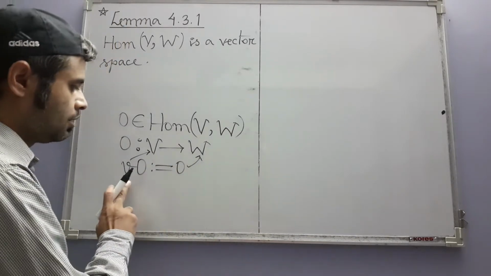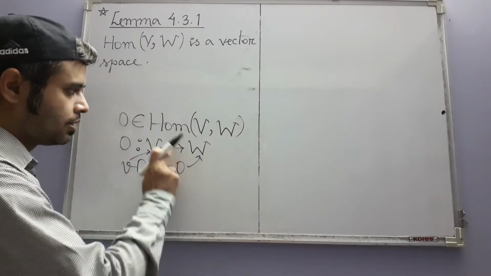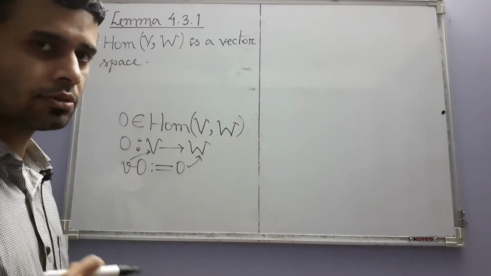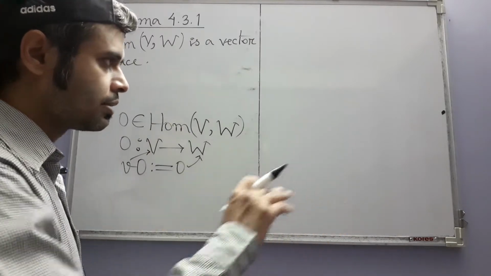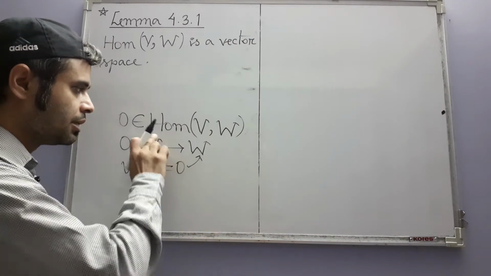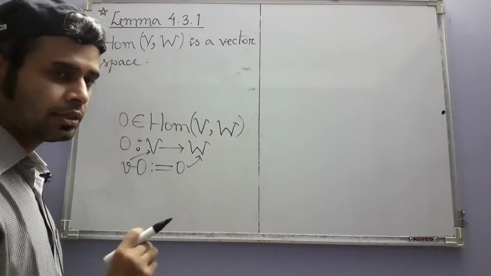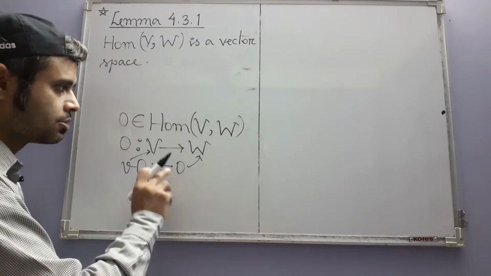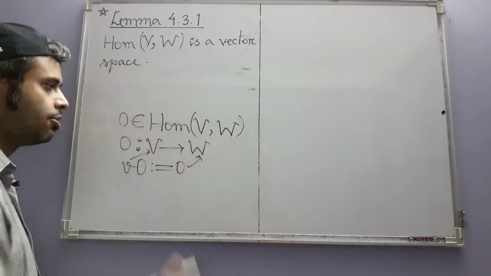We actually proved that this is a homomorphism from V into W. In none of the other axioms do we state anything about some specific element being in this set. The only concrete element that we showed is always in this set is the zero element.